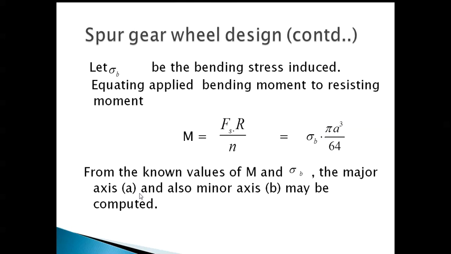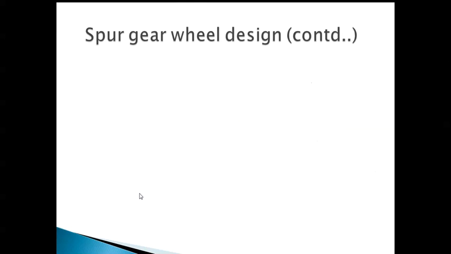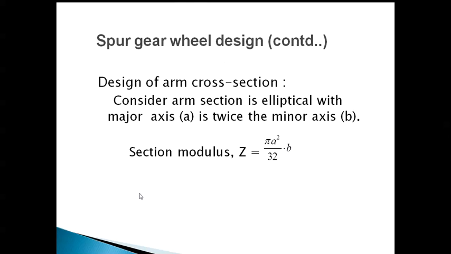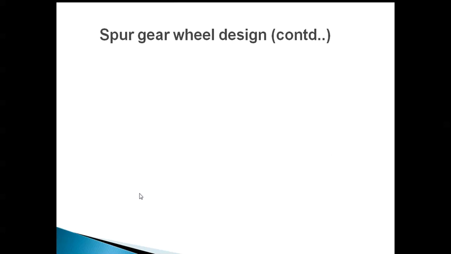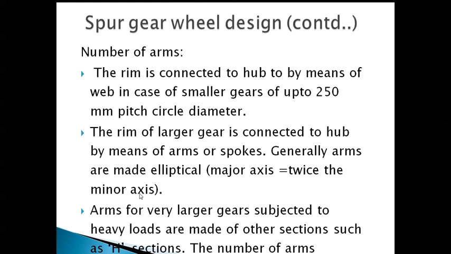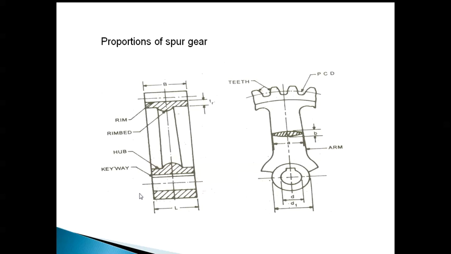So in this way you can find the major axis and minor axis of the elliptical arm. So this is the design of the wheel. In the wheel we need to do the rim design. So that is the thickness of the rim.